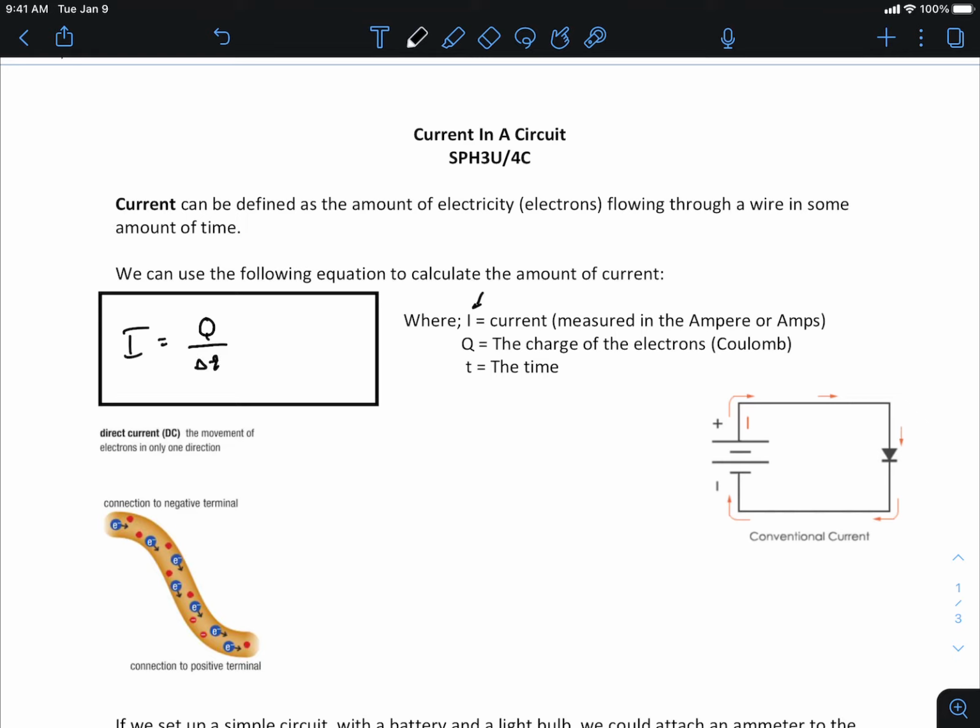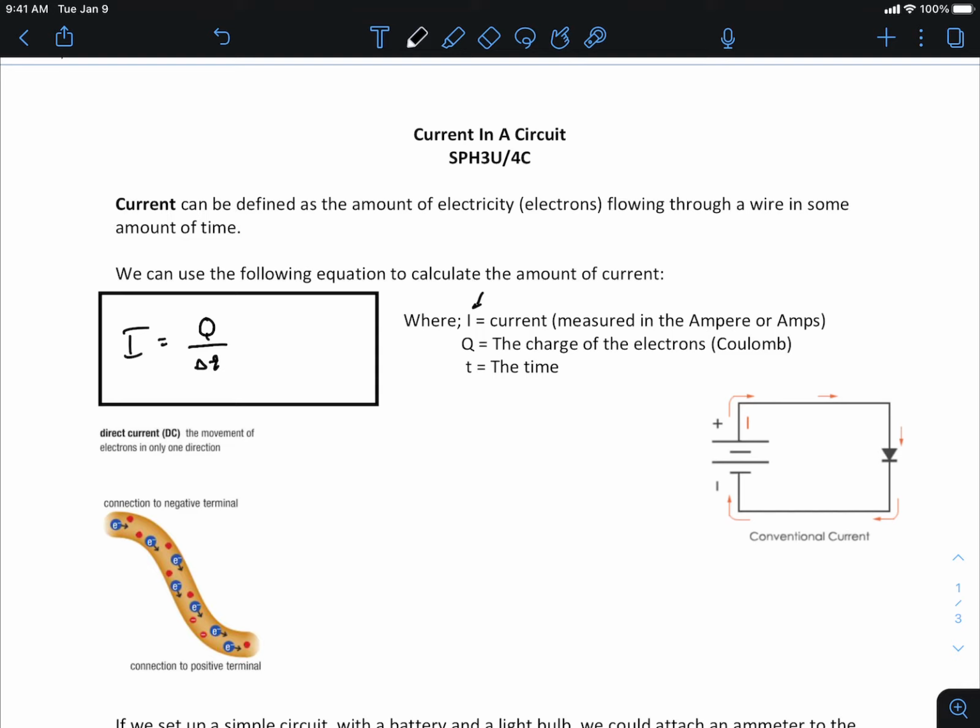Which basically says that we want to look at how much charge, the number of coulombs, is passing through a particular point in a wire for a particular unit of time.